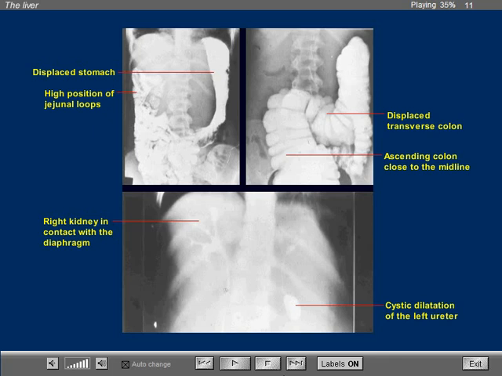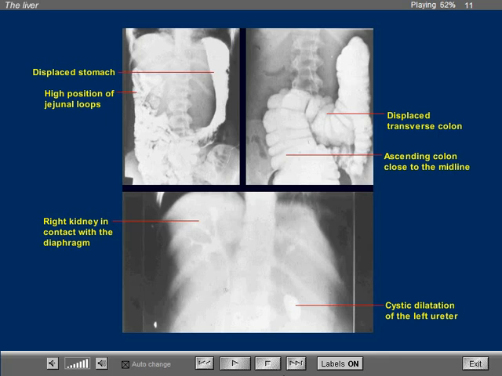Also note that the small bowel rises quite highly against the right flank of the patient. Note also in the barium enema that the ascending colon is close to the midline, and there is also a low position of the proximal transverse colon.